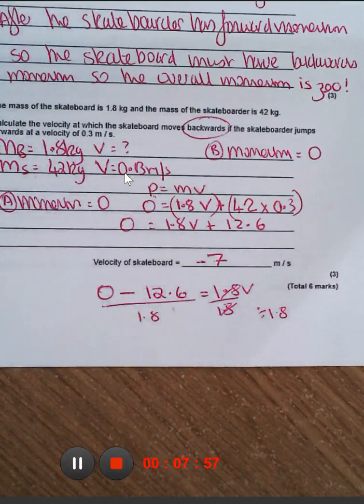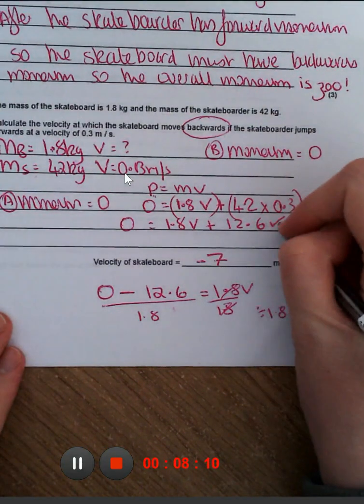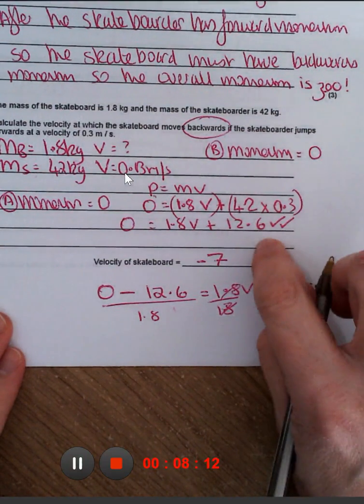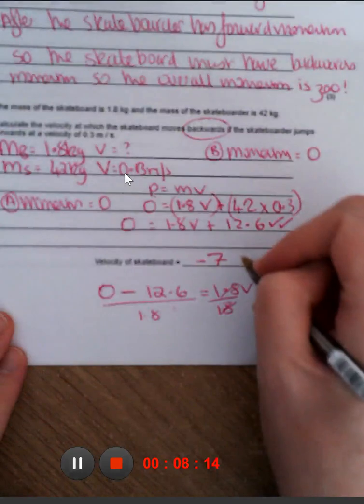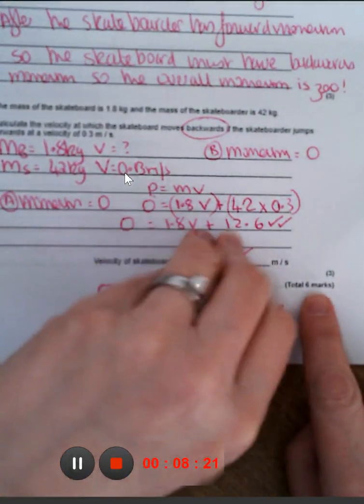If you just get 7, that's okay as well, but it's minus 7. The marks are: you get 2 marks for finding that 12.6, 1 mark for the next step, and a mark for getting the answer. So that's another 6 marks there.